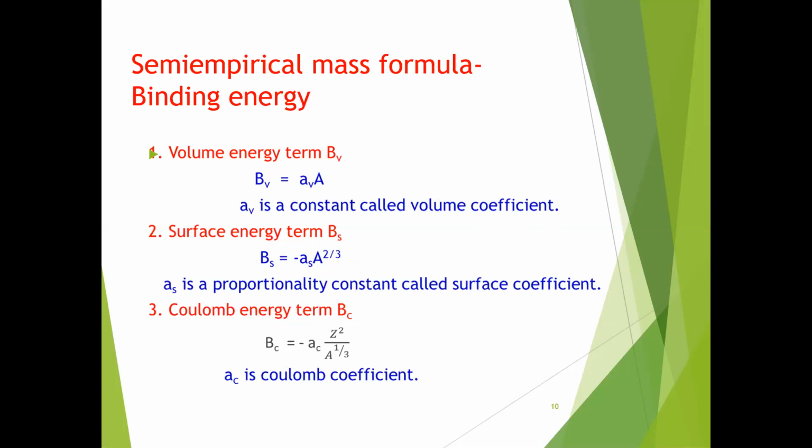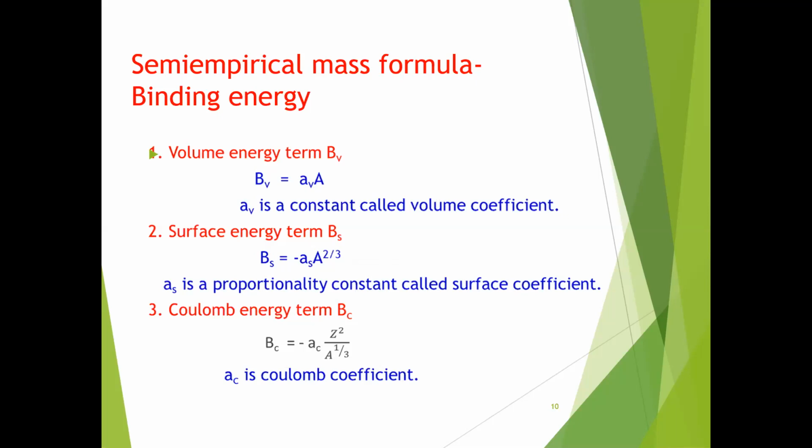And second, the surface energy term. As you know, as the nucleus is finite, some nucleons are near the surface of the nucleus, so they interact with fewer nucleons which exist toward the inside of the surface. Since the nucleons at the surface are less tightly bound, their binding energy is reduced.